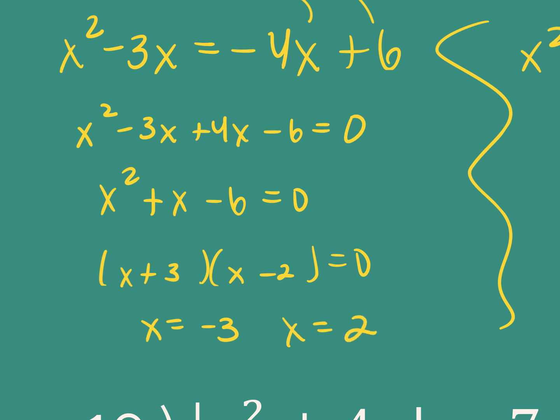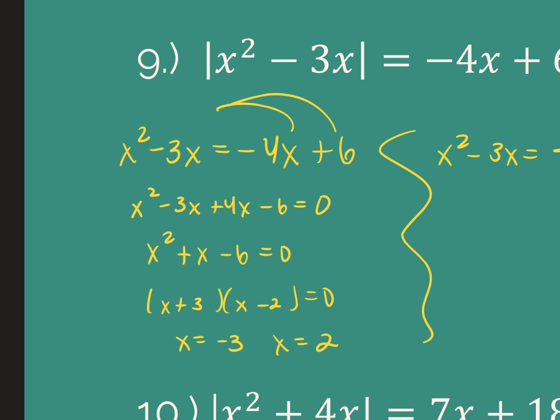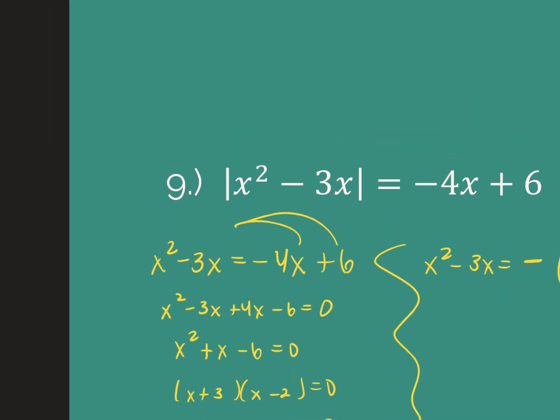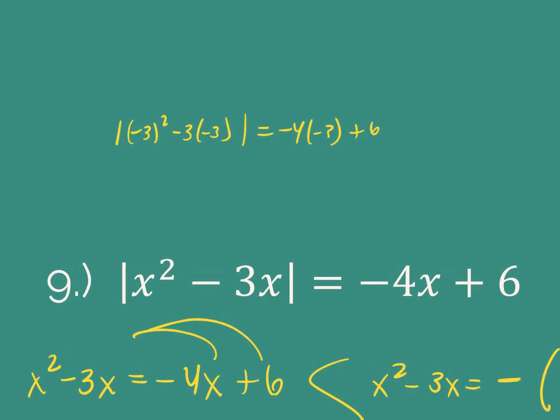Agreed? All right, let's plug it back in, guys. You need to check these. Let's plug in negative 3. So I have negative 3 squared, minus 3 times negative 3. Does that equal negative 4 times negative 3 plus 6? Everybody with me?